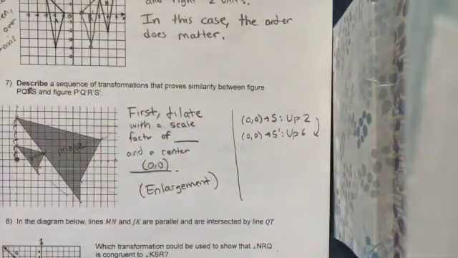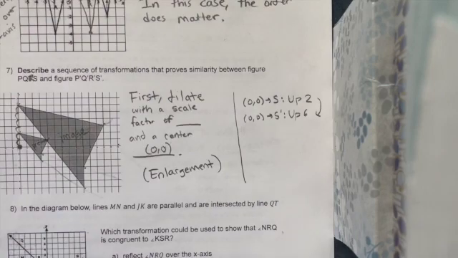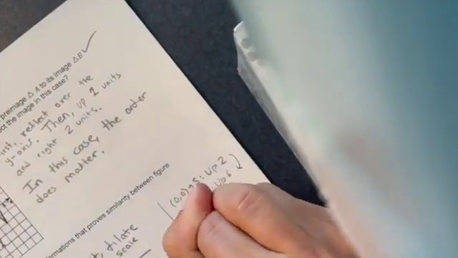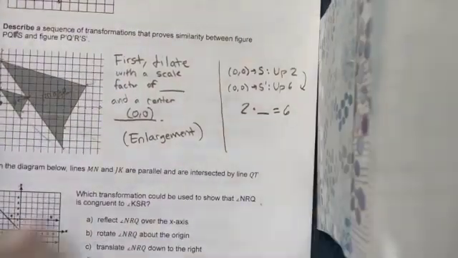So there's some scale factor that we multiplied by that got us from up 2 to up 6. So our question is 2 times what equals 6? That's going to be our scale factor. 2 times what is 6? That is 3. Okay, so we're getting 3 times as big.